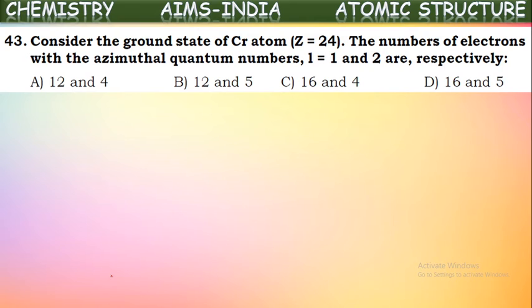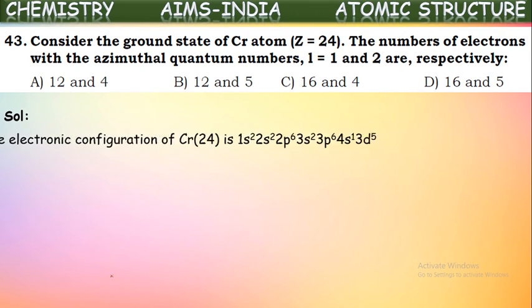Next question. Consider the ground state electronic configuration of chromium. The number of electrons with azimuthal quantum number L equal to 1 and 2 are respectively. So from the ground state electronic configuration of chromium, they are asking to calculate the number of electrons with azimuthal quantum number value 1 and with L equal to 2.